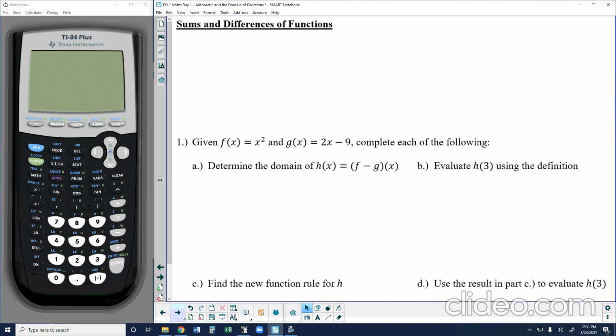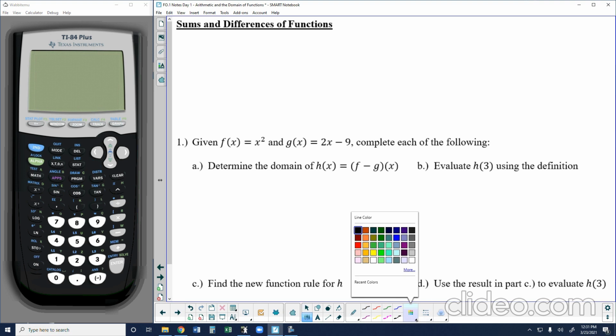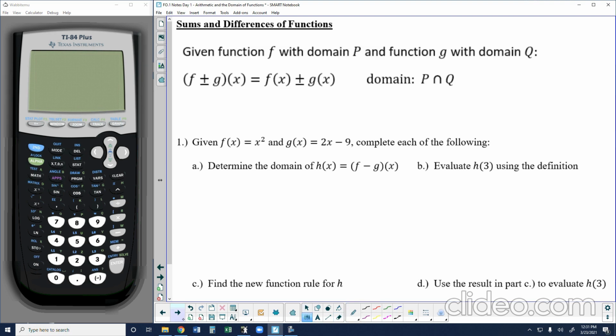The first thing that we're going to look at are the sums and differences of functions. So we know what sums and differences are. It's the addition and subtraction. Here in this case we're going to look at what happens when we add and subtract functions and how that affects their domain. So we have kind of a generic rule.